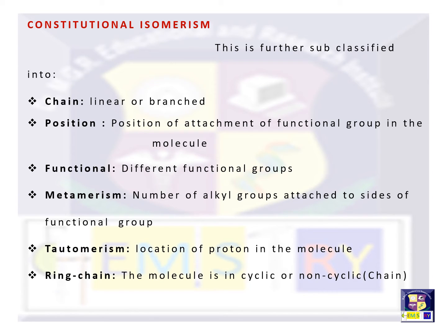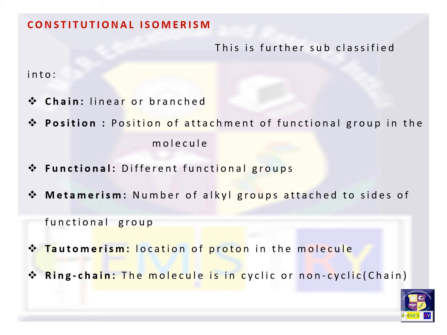A brief about constitutional isomerism. It is further subclassified into chain, position, function, metamerism, tautomerism and ring chain. Chain is nothing but the linear or branched arrangement which we saw in the first slide, with the pendant in a hanging style or in a continuous fashion. Second is the position isomer, where we saw the example of passing the ball among the children.